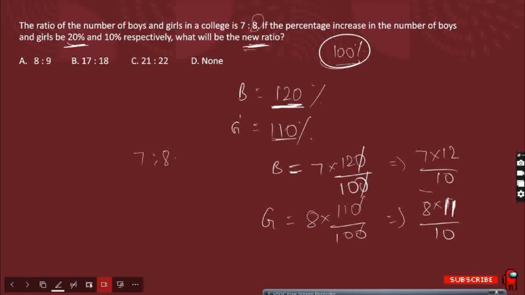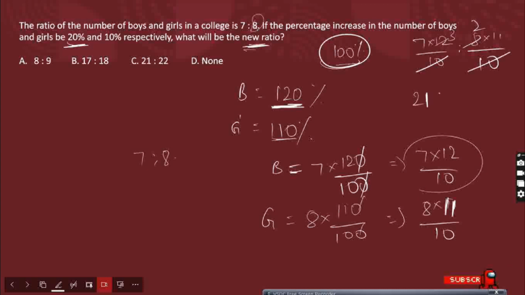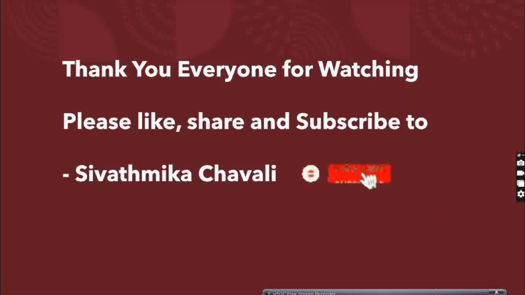So the new ratio is 7 into 12 by 10 is to 8 into 11 by 10. This 10 gets cancelled. 4 2s, 4 3s. So 7 3s are 21 and 2 11s are 22. So 21 is to 22 is the new ratio of number of boys and girls. So option C is the answer.